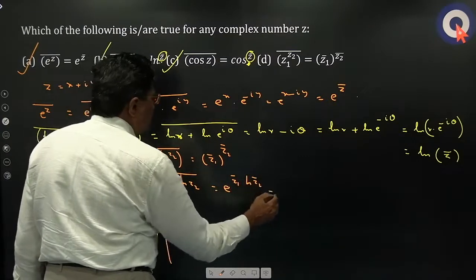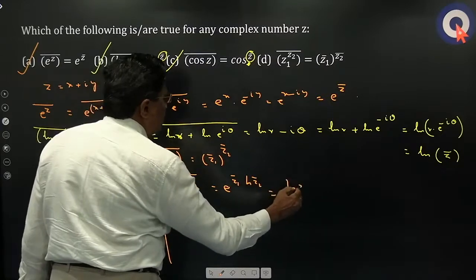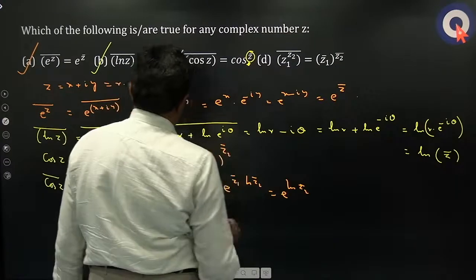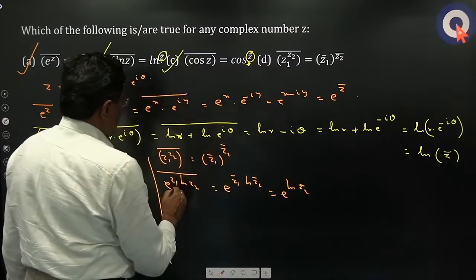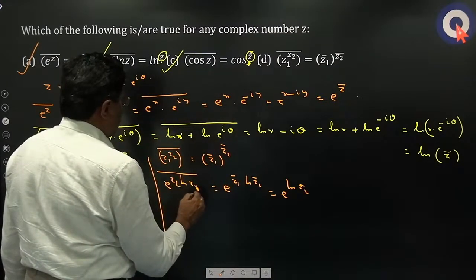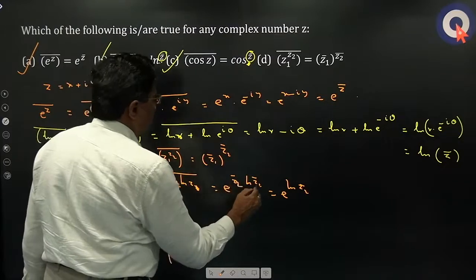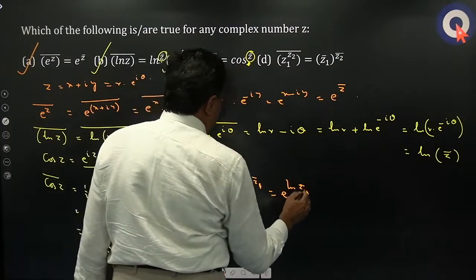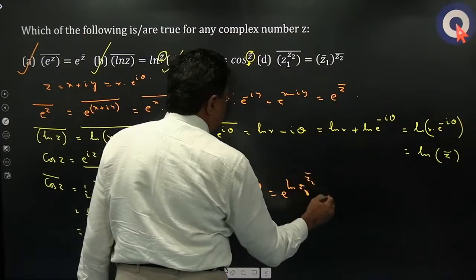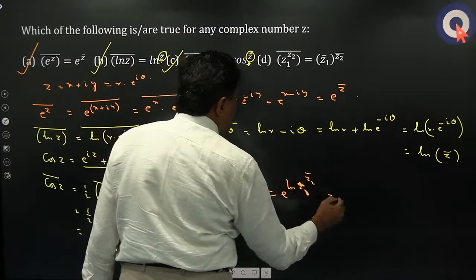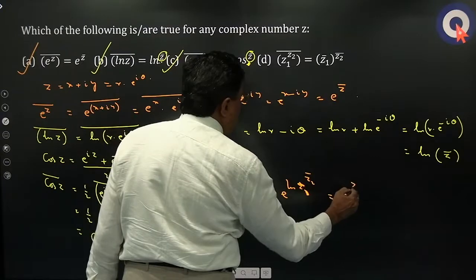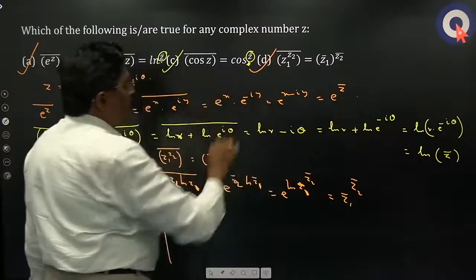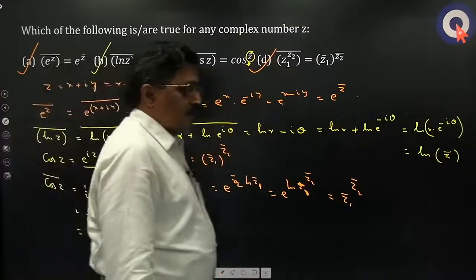So this is e power log z2 bar to the power, okay, just interchange z2 and z1 here. So log z1 power z2 bar. So the power log something is that something. So this is z1 bar to the power z2 bar. So even this is correct. So therefore all the four statements are correct.